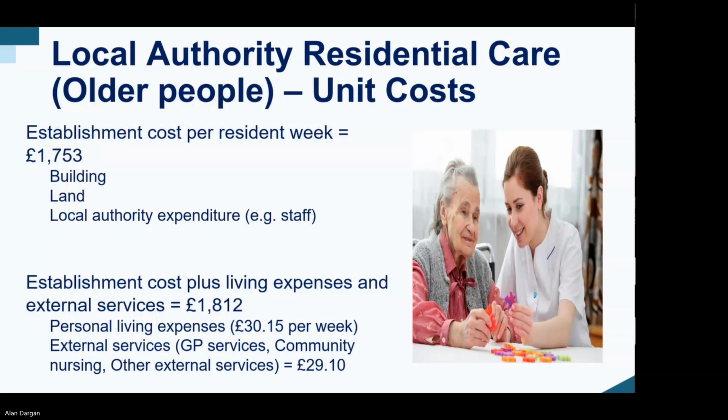Building costs are based on new land and build requirements for local authority care establishments, and on costs consist of essential associated costs such as the employer's national insurance contributions.